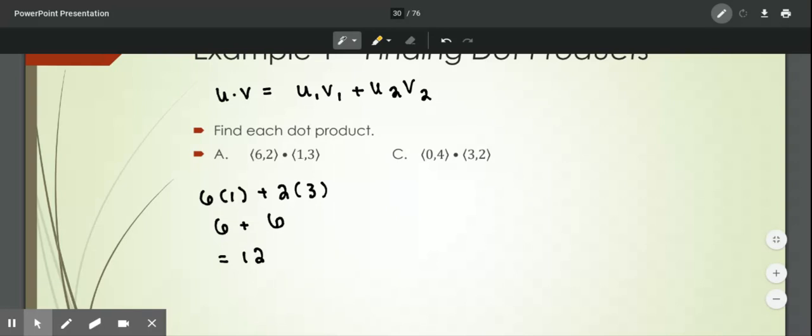Okay, so when you do dot products, you should end up with a number or a scalar. If we do the dot product of these two vectors, you get 0 times 3 plus 4 times 2. So you get 0 plus 8, which would be 8.